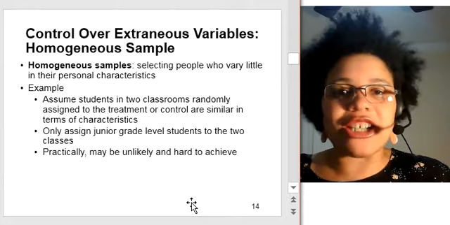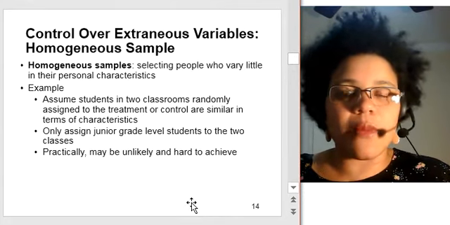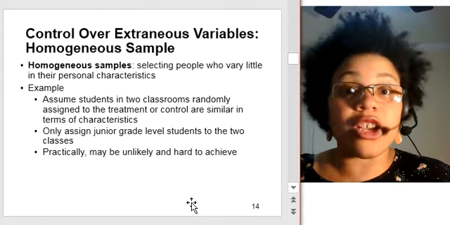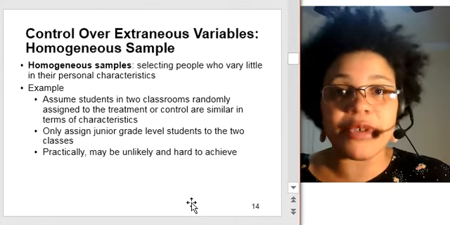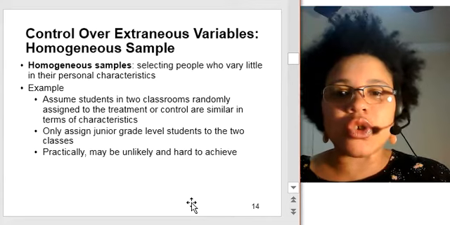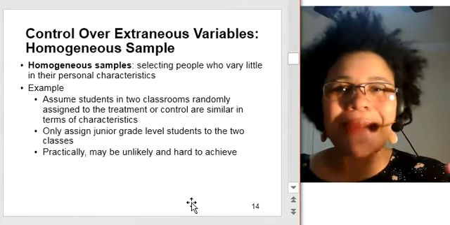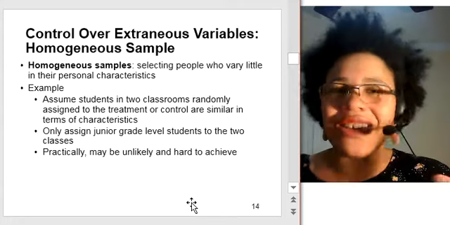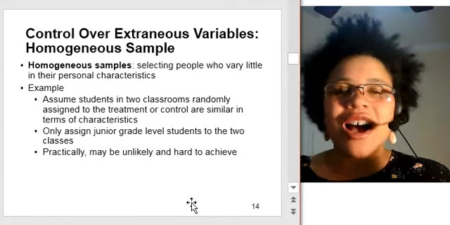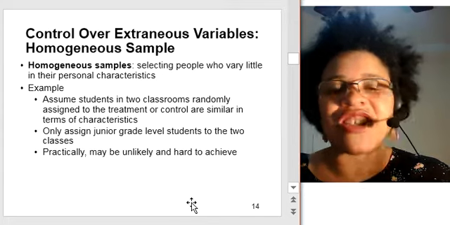So let's say we're going to have one classroom get one reading curriculum, and another classroom get a different reading curriculum, at the elementary level. We might choose two classrooms that seem to be similar. Each classroom has about the same number of gifted kids, about the same number of kids with identified disabilities, and about the same number of English language learners.